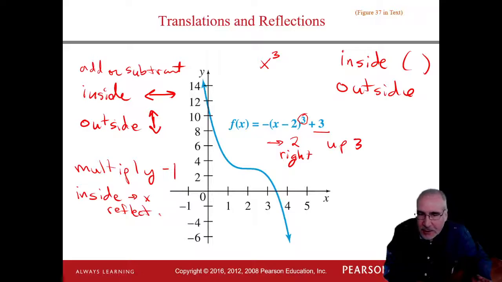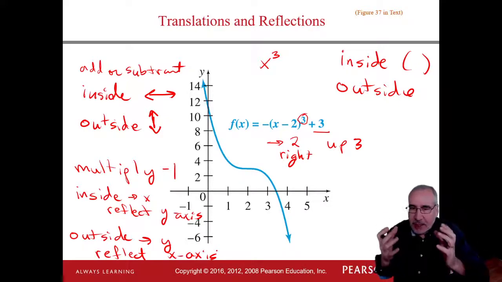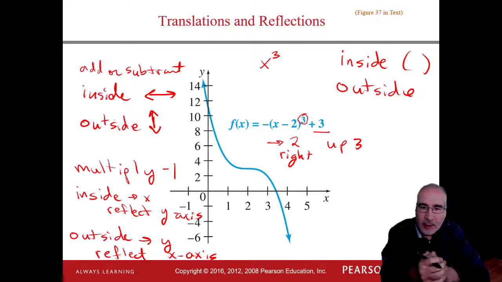And if it's on the outside like the one we have, it's going to affect the y, which will reflect over the x-axis.